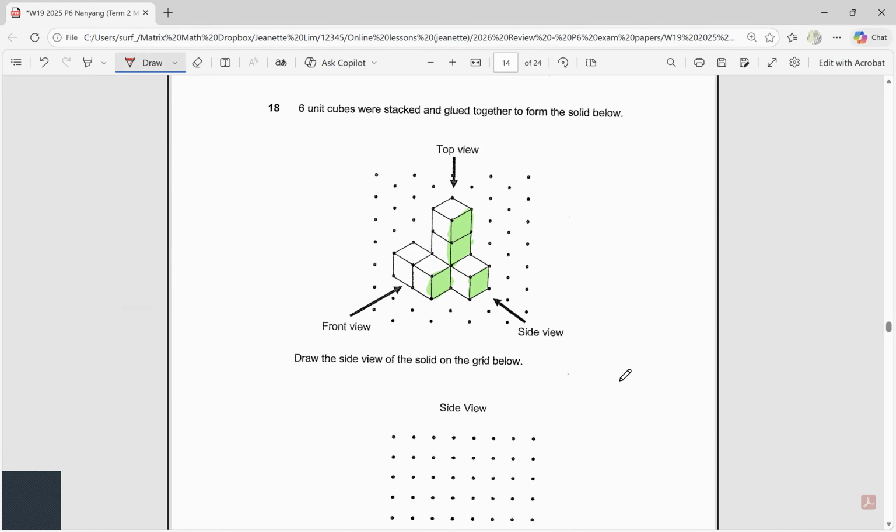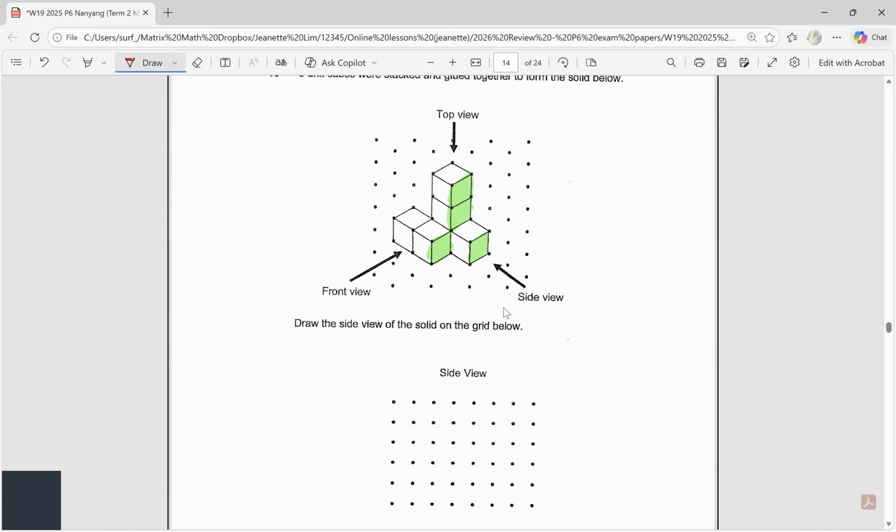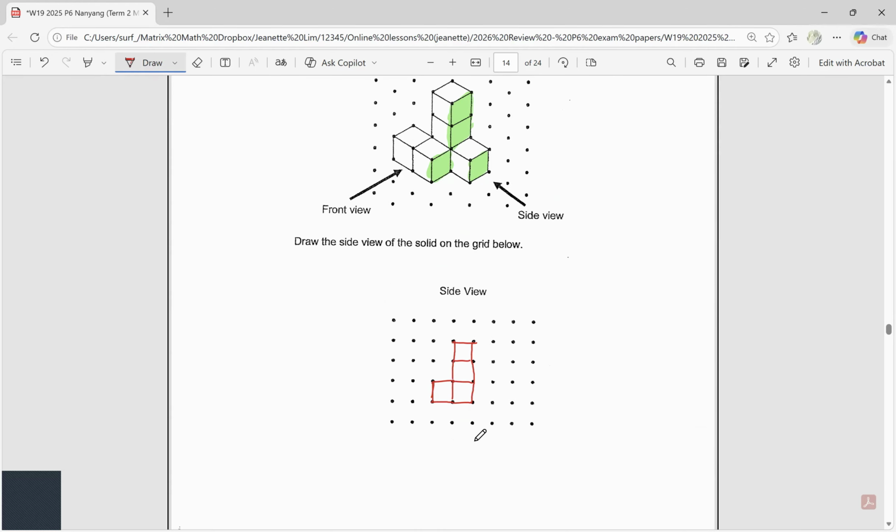So imagine a light shining from the side view, from this corner here. It will shine on these parts highlighted. So when you draw it out, it should look like that. Use a ruler to draw so that your lines are straight. Then as high as 3 squares, like that. This is your side view.